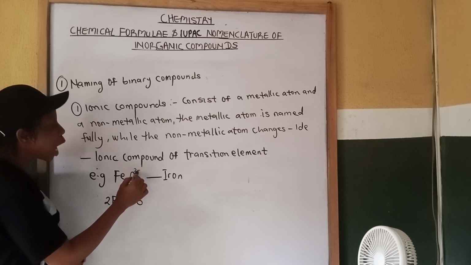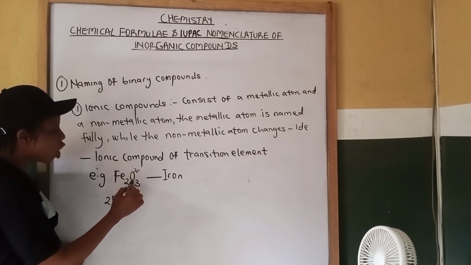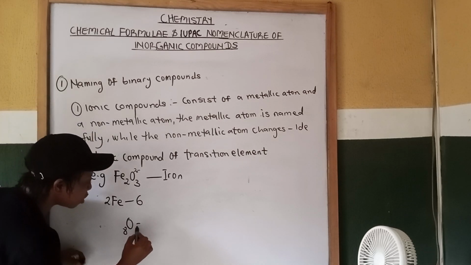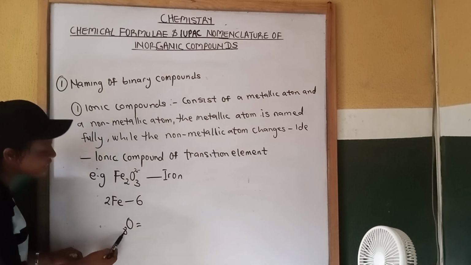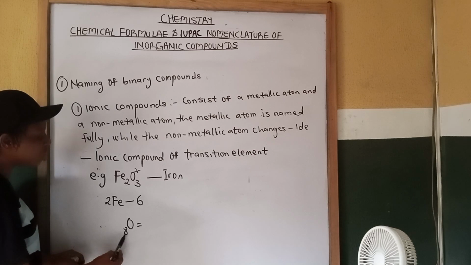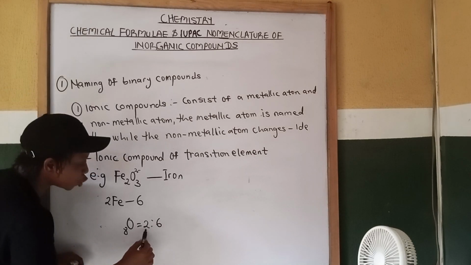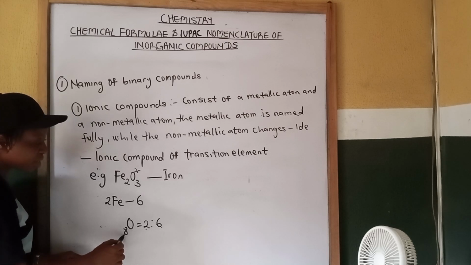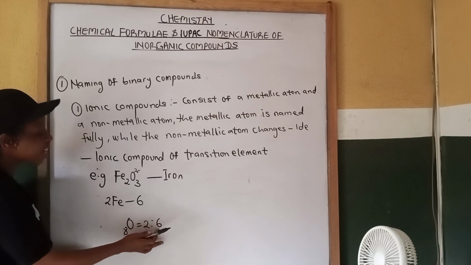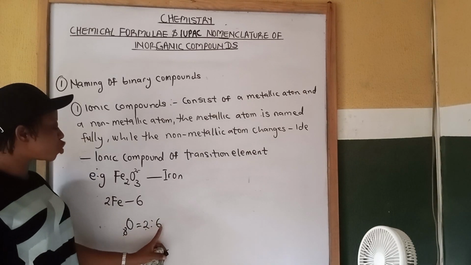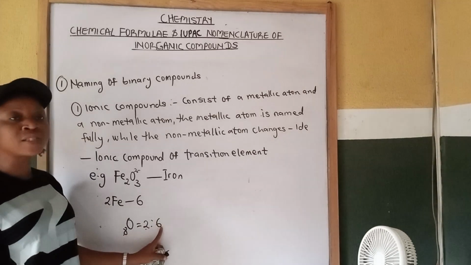Now let me explain how we derive this valence. Oxygen is number 8. To write the electronic configuration of oxygen, that will be 2:6. That is 2 plus 6 will give you 8. Don't forget that the second shell will carry a maximum of 8 electrons, according to our electron distribution.